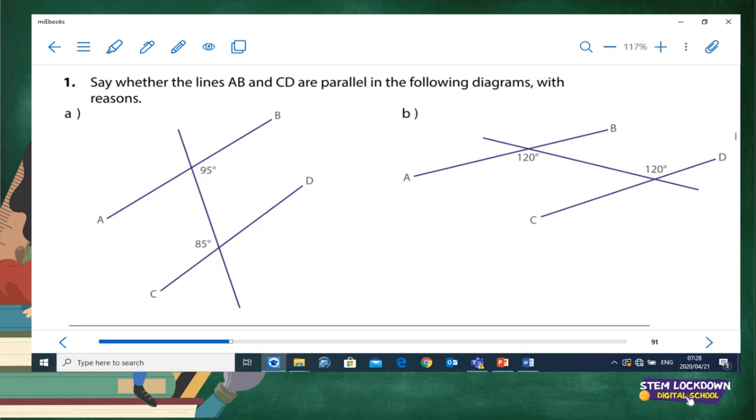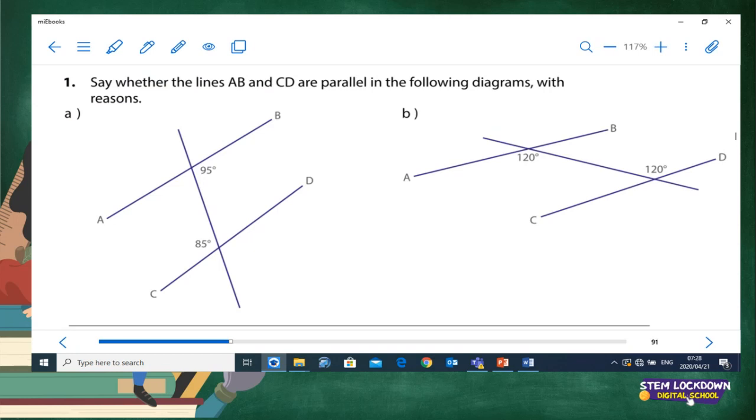So alternate angles are equal, and of course, that means that the line AB is parallel to the line CD. In the first category, 1A, the two angles are not equal, but they are alternate angles. Hence, AB is not parallel to CD. But in B, the two are equal, therefore the two lines are parallel.